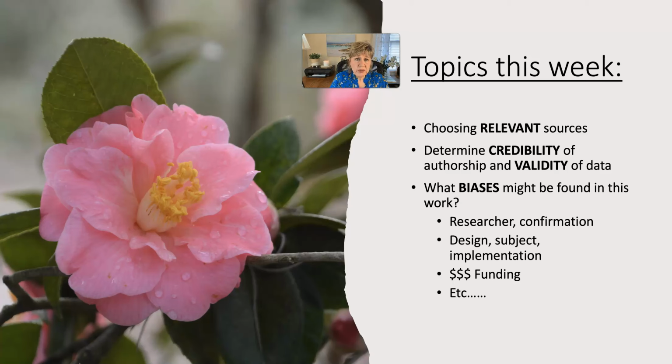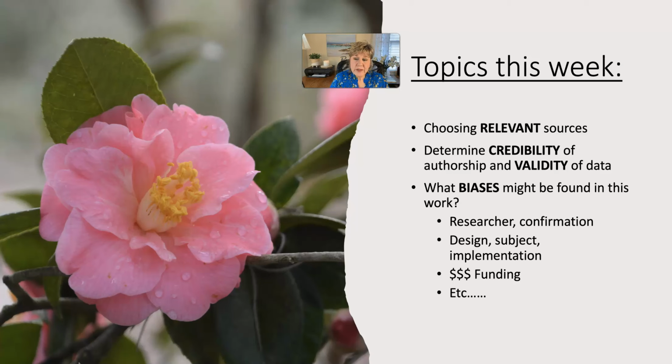So if you have chosen, say, I'm interested in the effects on the marine life off the coast of South Carolina from ocean acidification, and I choose a source that has to do with nuclear energy, that doesn't have anything to do with ocean acidification, right? Or maybe in a totally roundabout way, but no, that's not an appropriate source for my particular topic. So relevant, does it apply to what you're interested in?